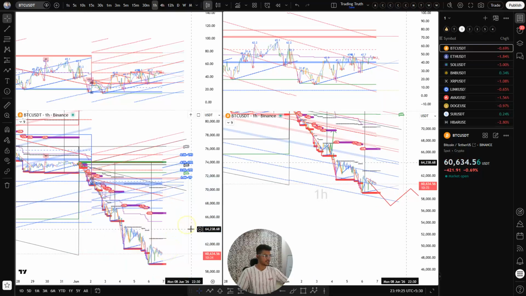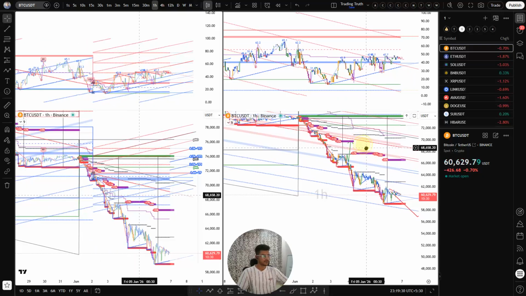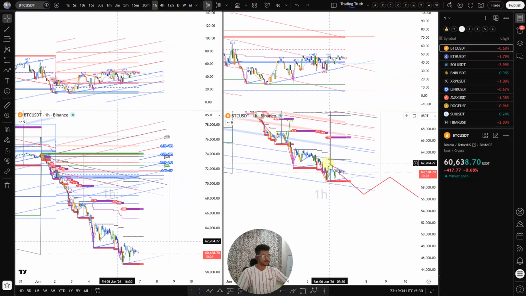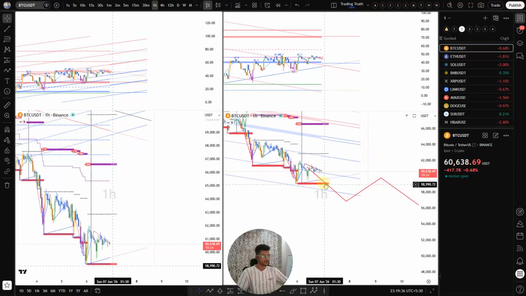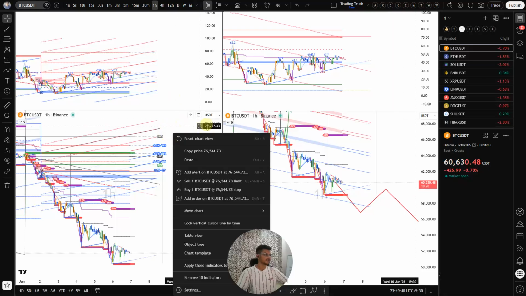This monthly structure is going down. So yeah, same path for 1 hour as well.